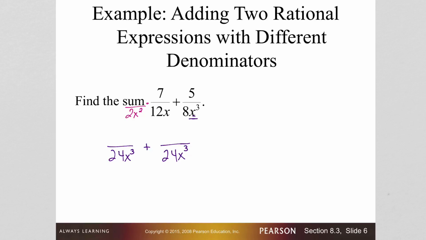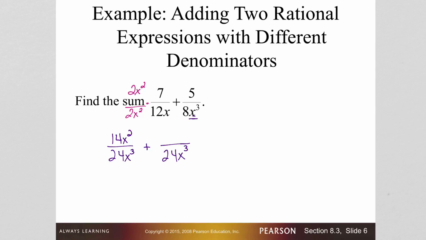But don't forget, you also have to multiply the numerator by the same number. So that is a version of 1. Multiplying something by 1 does not change its value at all. So my new numerator becomes 2x squared times 7, which is 14x squared. And my denominator is 24x cubed.